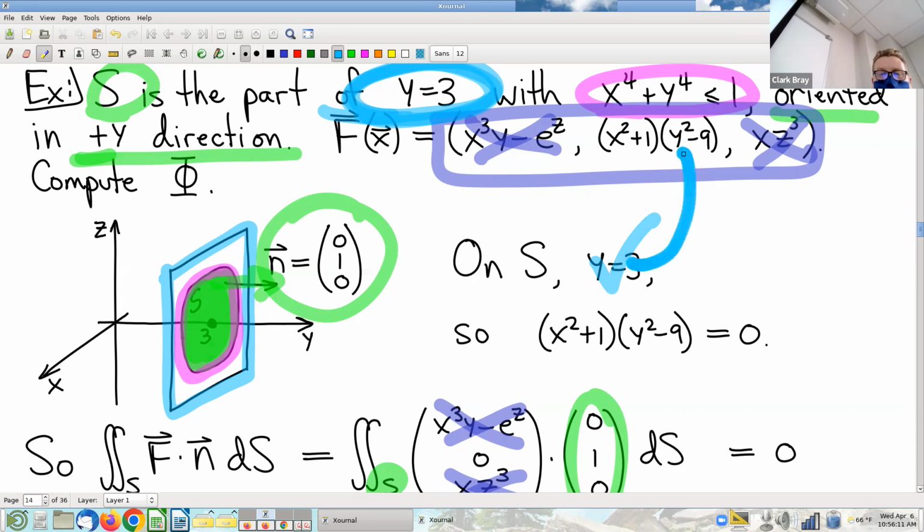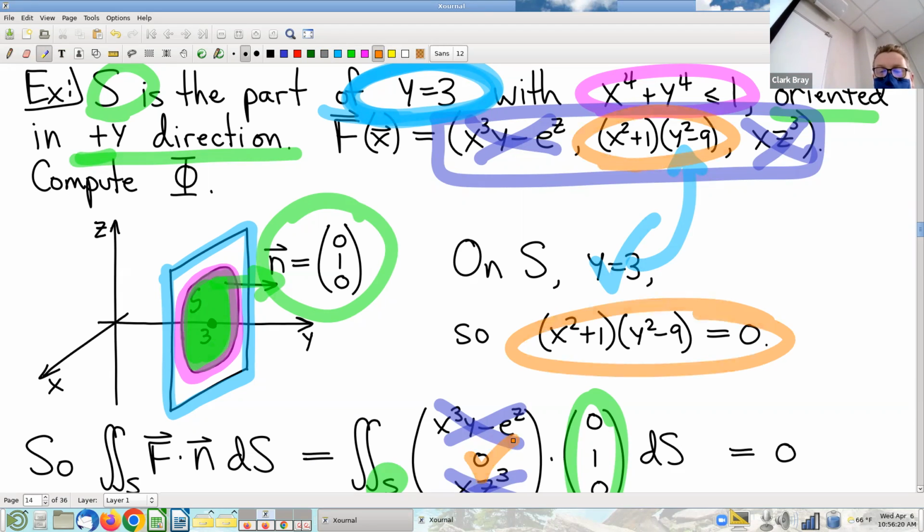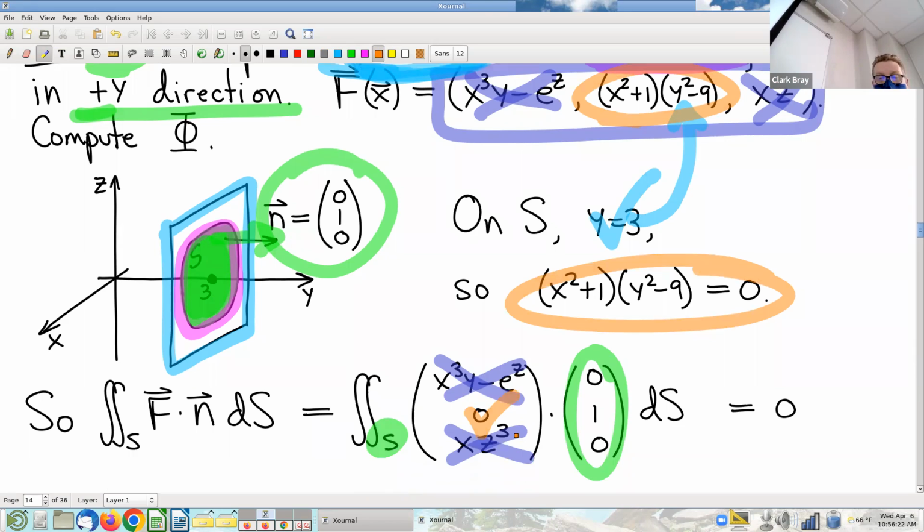And if y is equal to 3, then I know that this second coordinate is also 0. And boom, everything just crumbled and blew away in the wind, and we're left with 0.